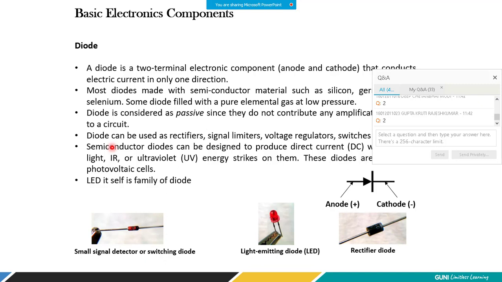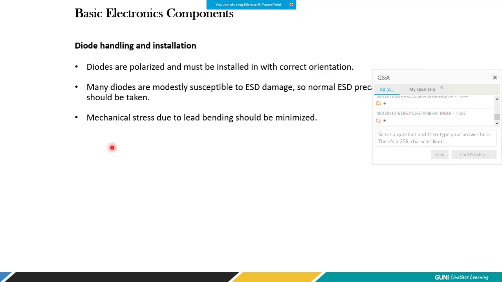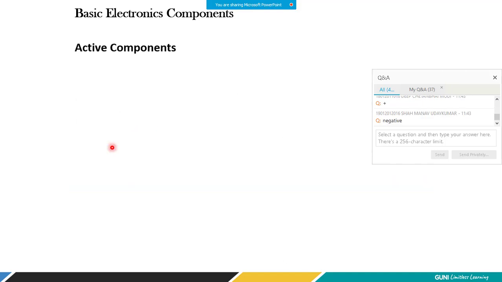And one is the bada wala, another one is the chota wala, and the bada wala is the positive, and the smaller one is the negative. So that's how you need to understand, right? And they are polarized. So when you connect into the circuit, you have to be very careful. Very good.